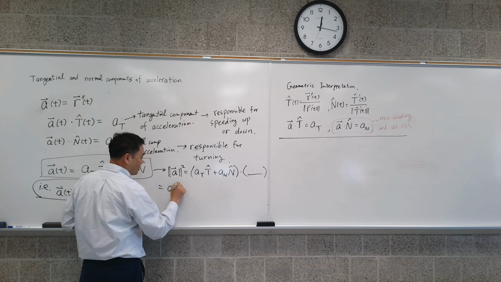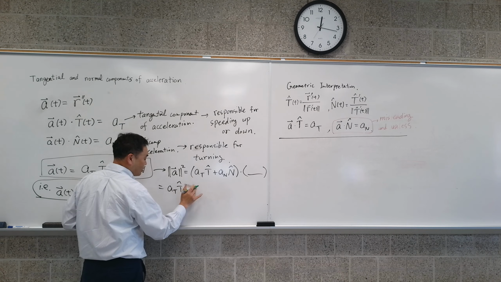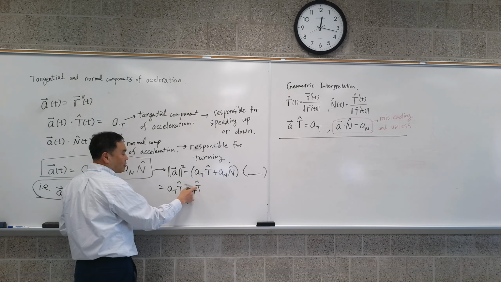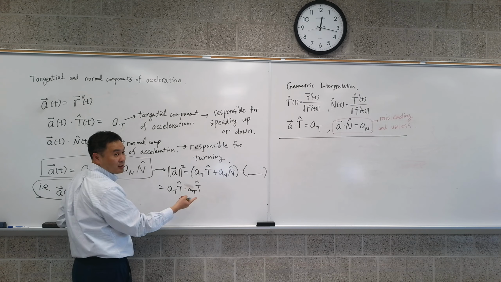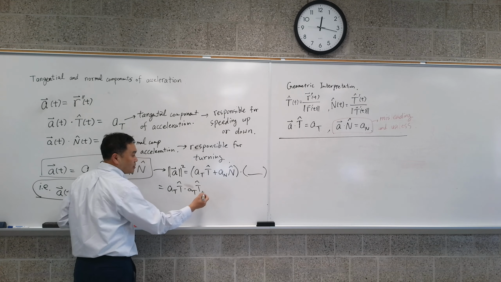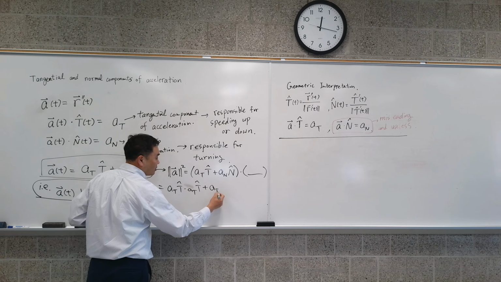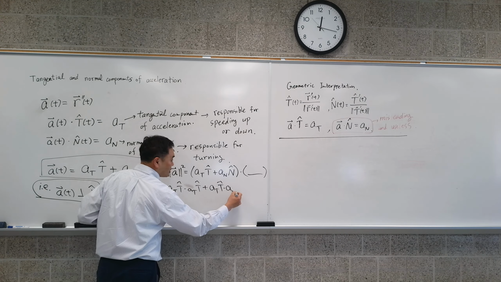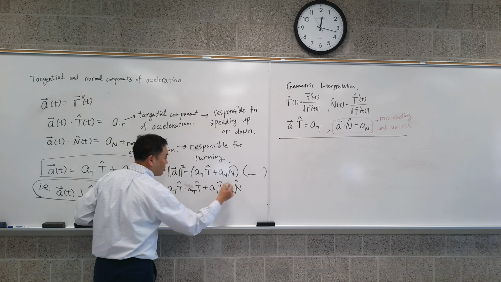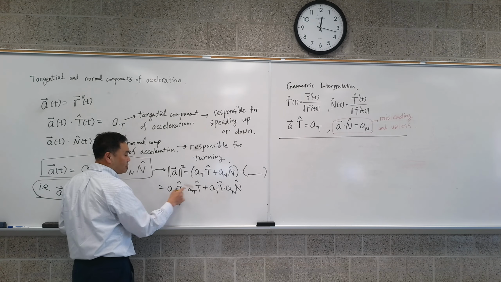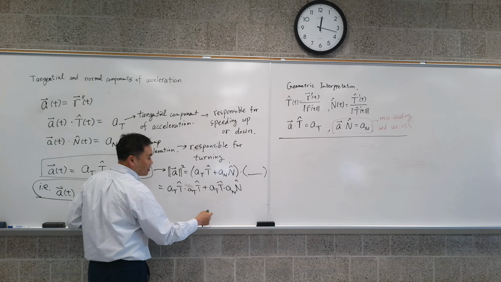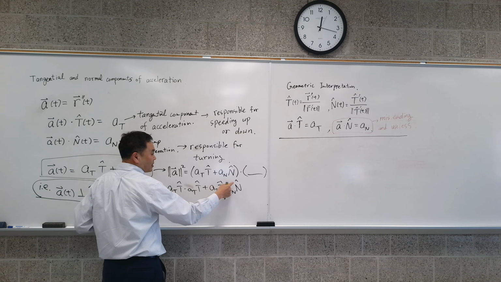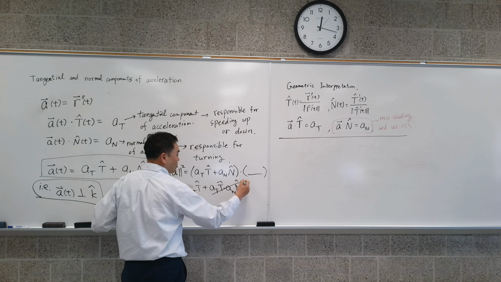But then if you do a_T T hat dotted with a_T T hat, any vector dotted with itself is the norm squared, but what's the norm of T hat? What's the norm of T hat? 1. Okay. So this is going to give you 1, and you get a_T squared, right? And then when this hits the second guy, T hat and N hat are perpendicular, so that's going to give you 0.